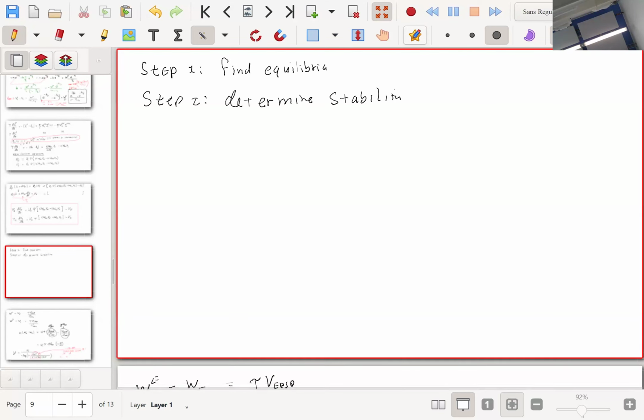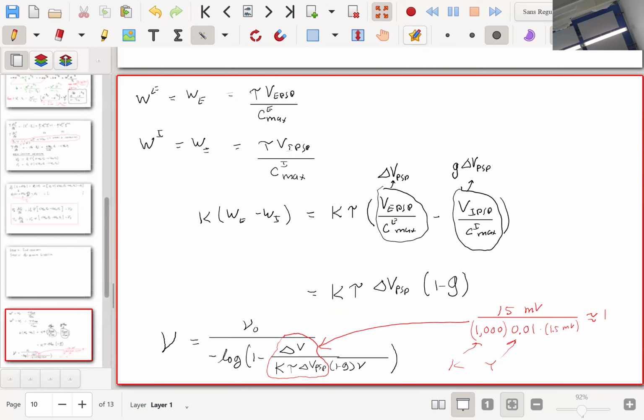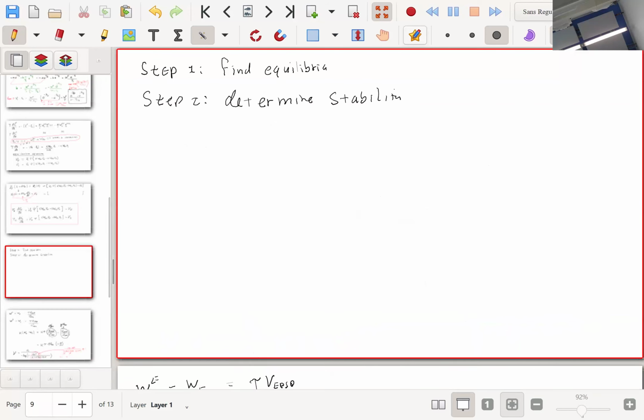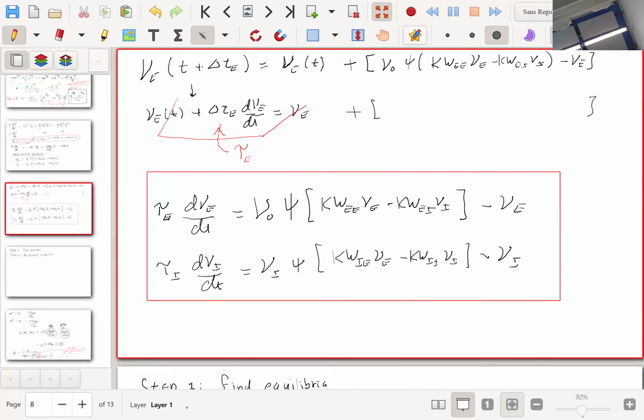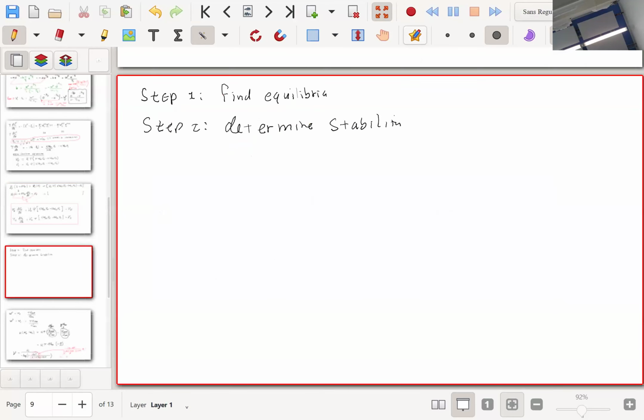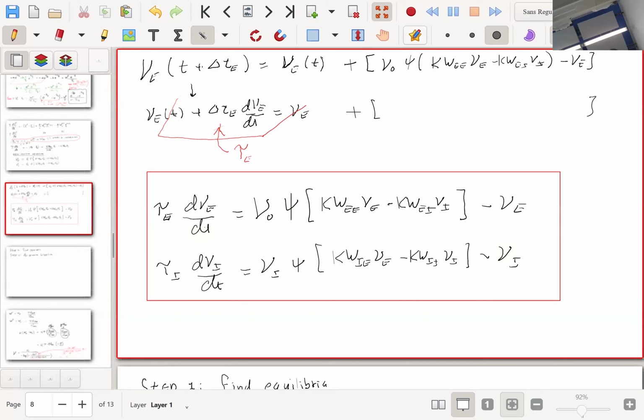Okay. So finding equilibria is kind of complicated. So what we're going to do is something called null cline analysis. So if you look at the equilibria, which I'll write down, actually I'll just copy these over.